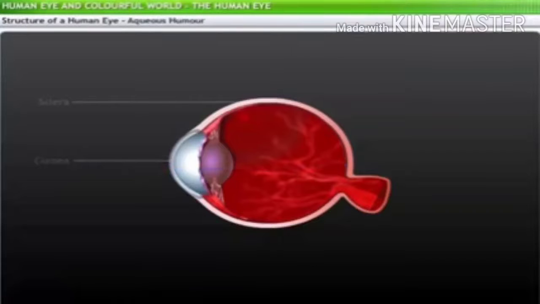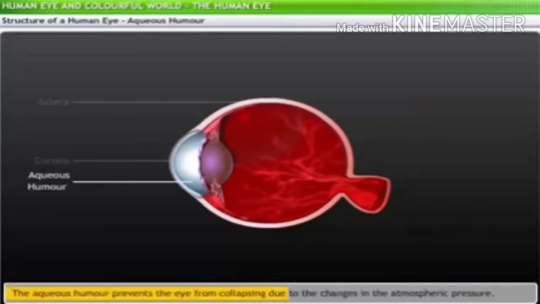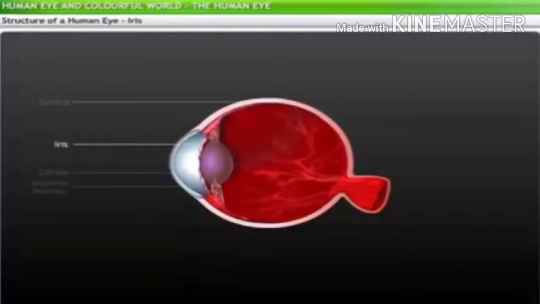Behind the cornea lies a jelly-like substance called the aqueous humor. It enables the eye to cope with the changes in the atmospheric pressure. The iris forms the colored part of the eye.